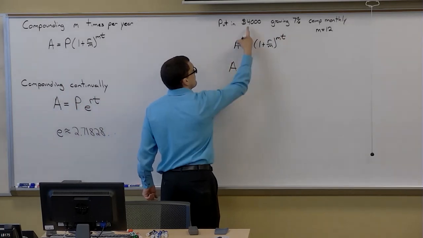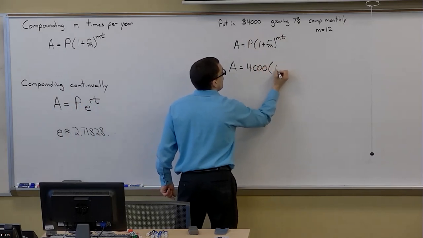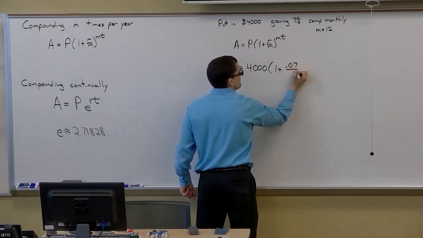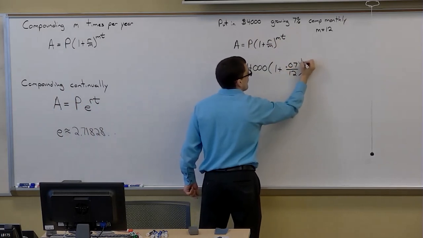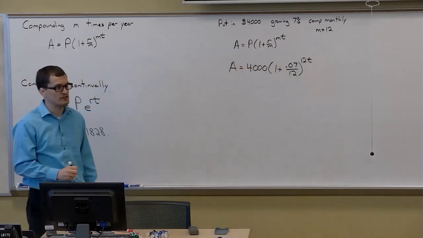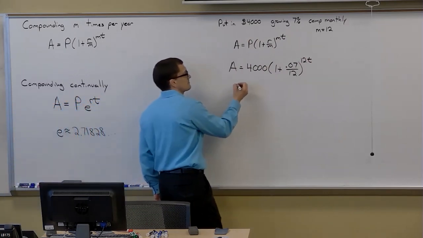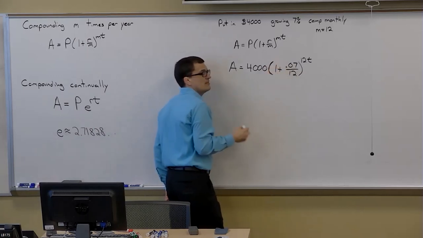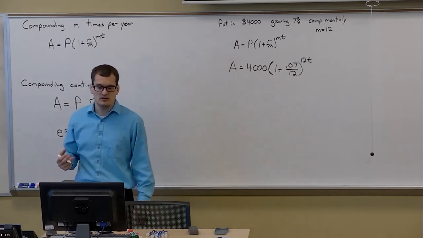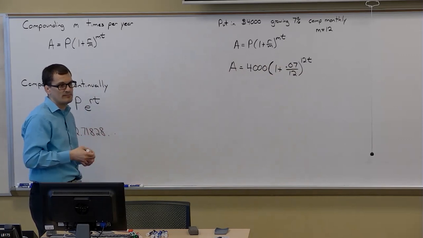And I just put the numbers in the correct spots. P becomes 4,000. 1 plus my rate is 0.07. M is obviously 12. So there you go. That's the equation that I need to use. This is the model, the algebraic model for determining how much you have in the account at any given point in time.